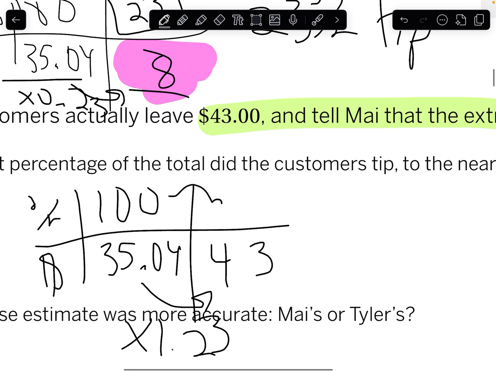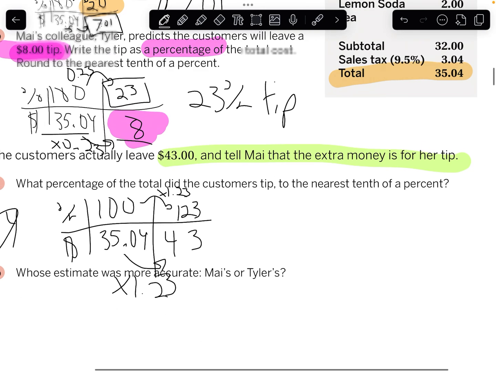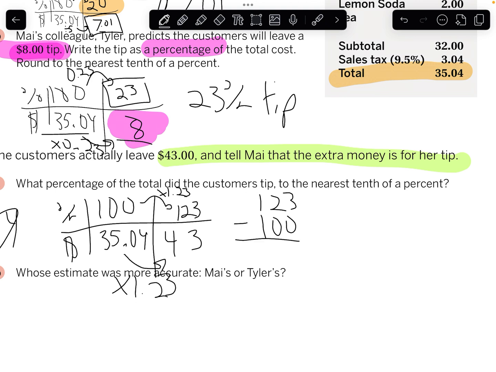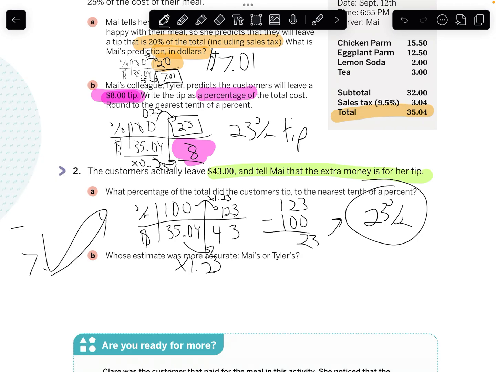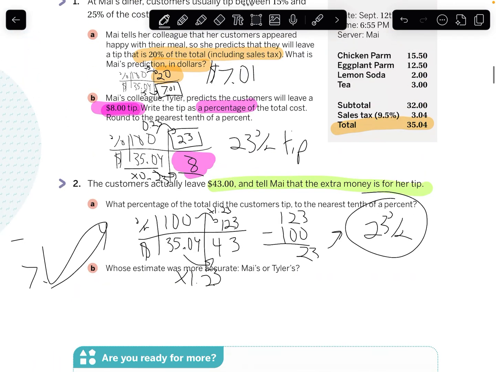So we do 100 times 1.23, and we would get 123%. Does that mean they're leaving a 123% tip? No. That means if you do 123 minus 100, you would get 23, which is the percent of the tip. 23%, give or take. I'm rounding. So I think we see that Tyler was totally the best here. There we go.